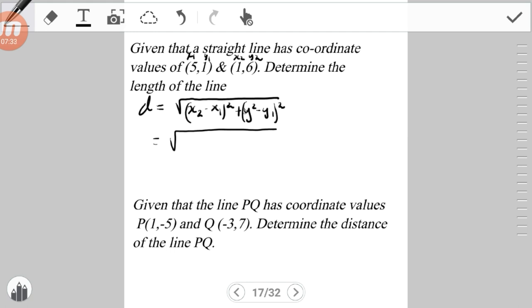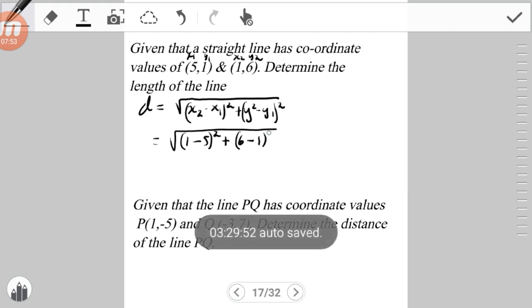Okay, so labeling our points, x2 is going to be 1 minus x1, which is 5, squared plus y2, which is 6, take away y1, which is 1, squared.